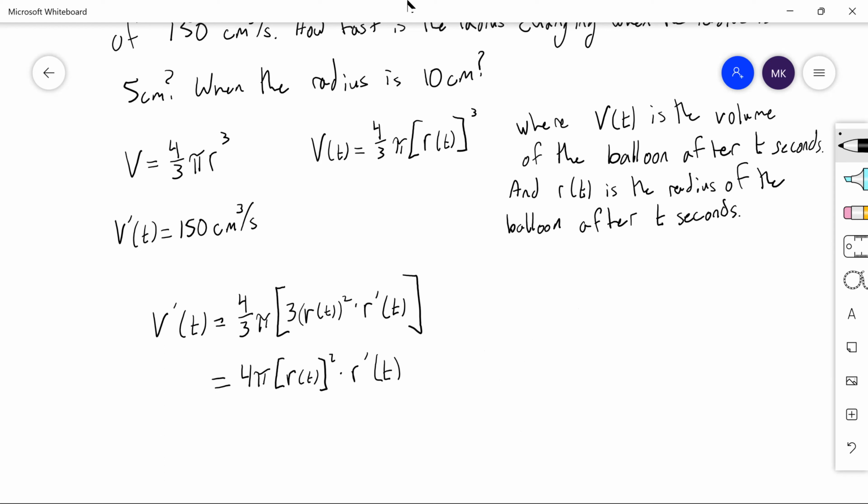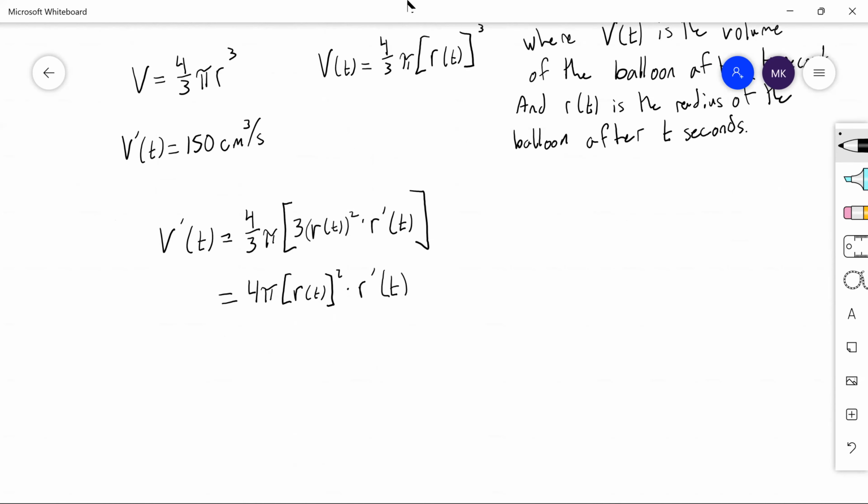If we used the base formula, the one I put in the box, we could use implicit differentiation, and the derivative of V is just 1 times dV dt. Then we would end up with 4/3 pi times 3r squared dr dt if we did it that way. Okay, thank you. Yep.